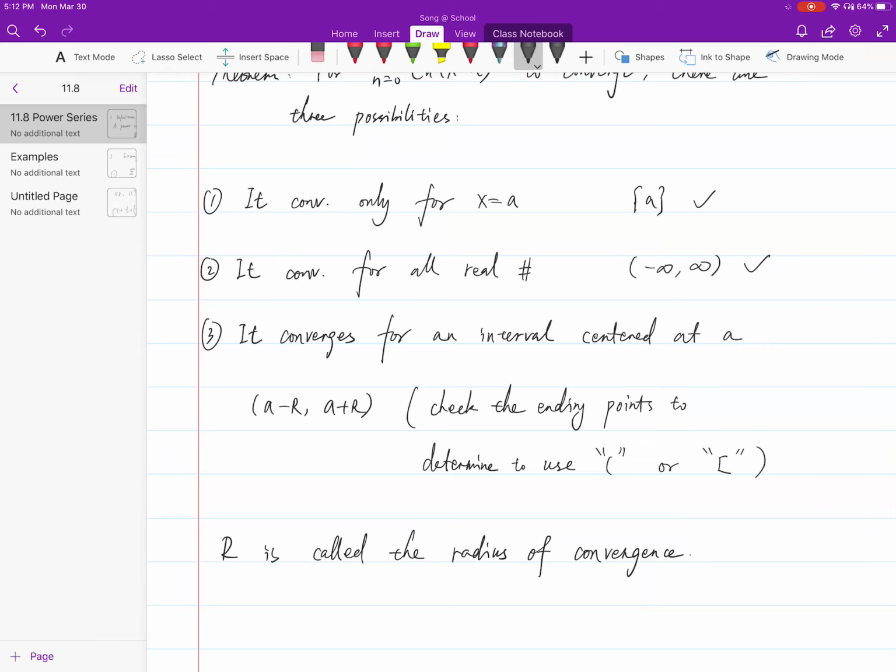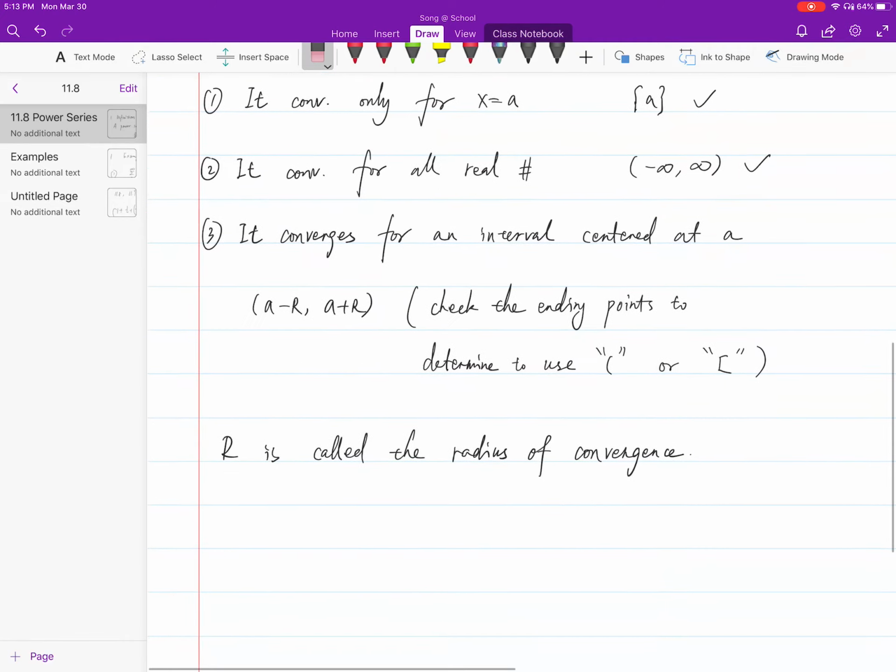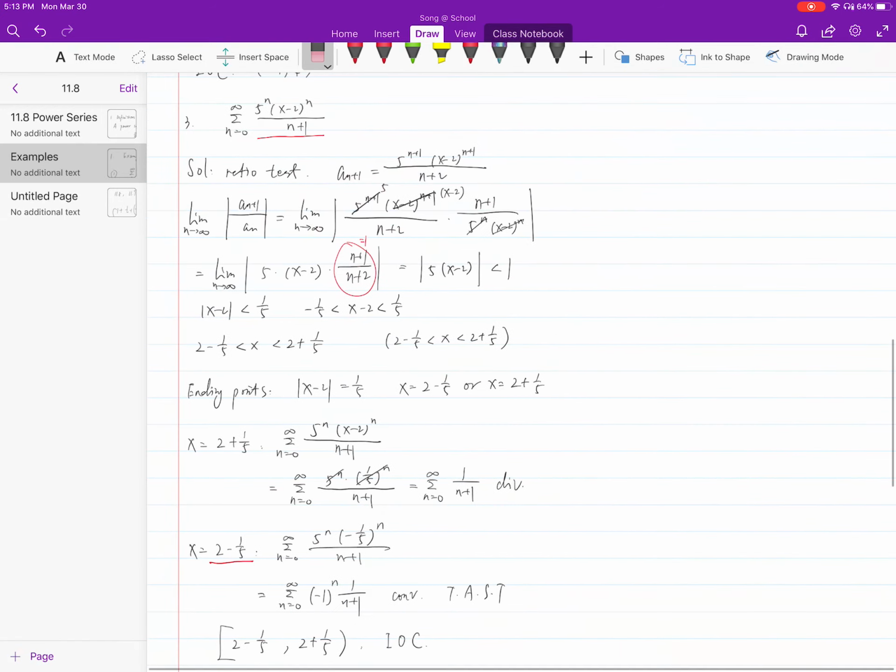This interval is very special because it has a center, which is A, and it goes to the left by R to give you A minus R, and it goes to the right by R to give you A plus R. This R basically is called the radius of convergence. This one tells you how big or how small the interval is. This A only tells you the center by shifting to the left or the right. Okay, so let's go back to the example.